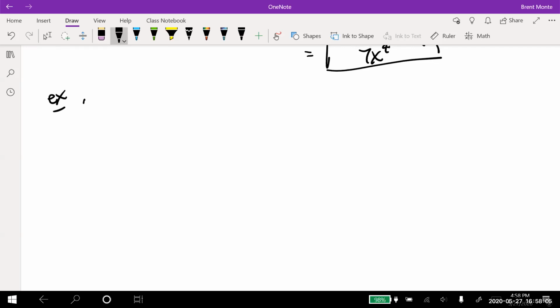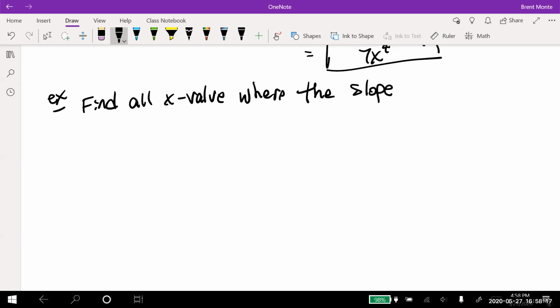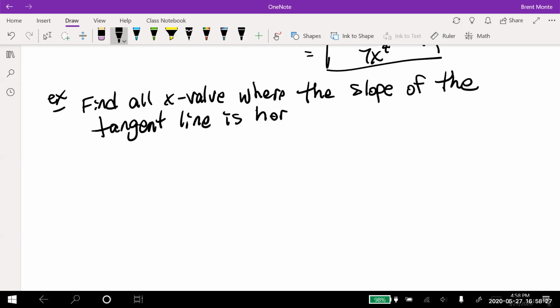Let's say this. Find all x values where the slope of the tangent line is horizontal.